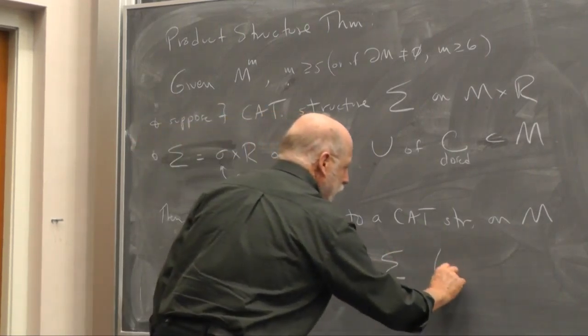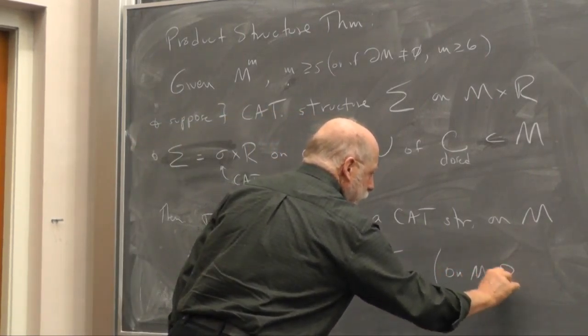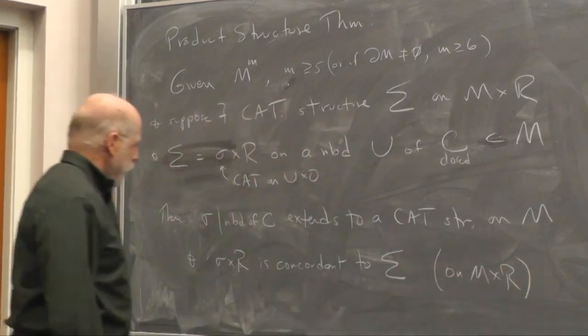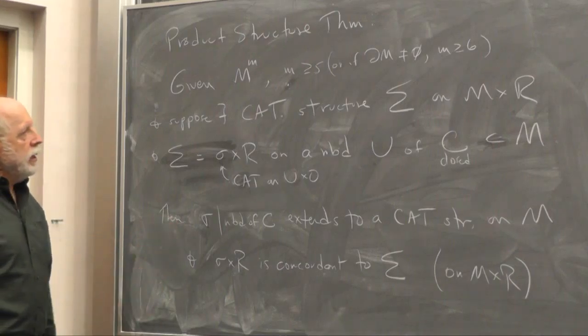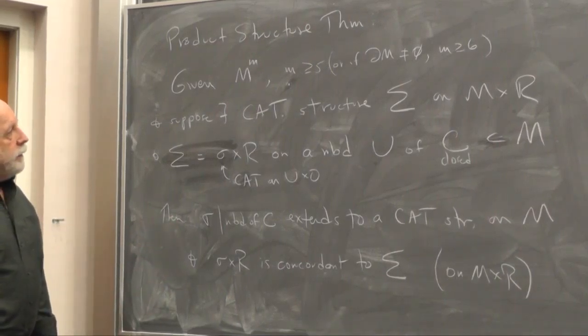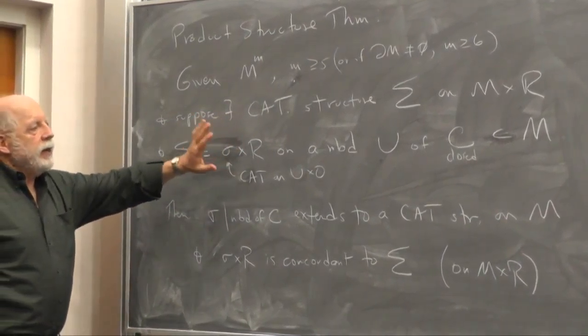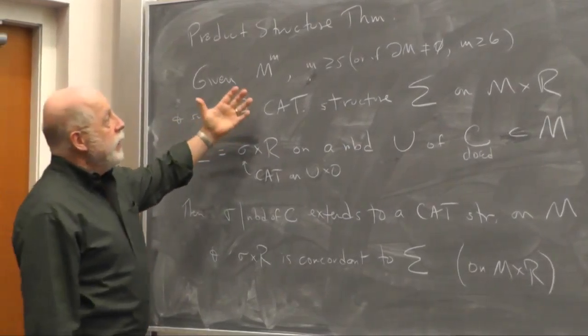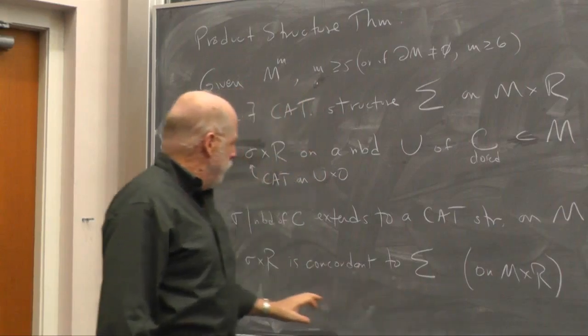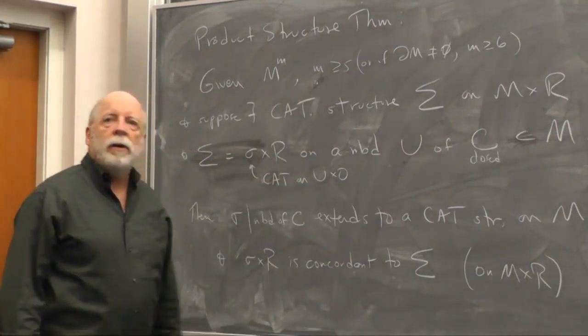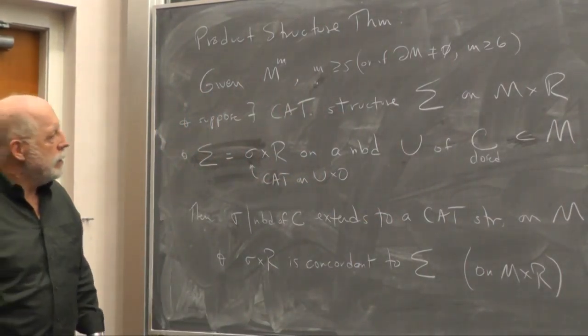This is, of course, on M cross R. So that's the conclusion. This is just a relative version. If you ever forget the relative version, it just says if you've got a CAT structure on M cross R, you've got one on M.